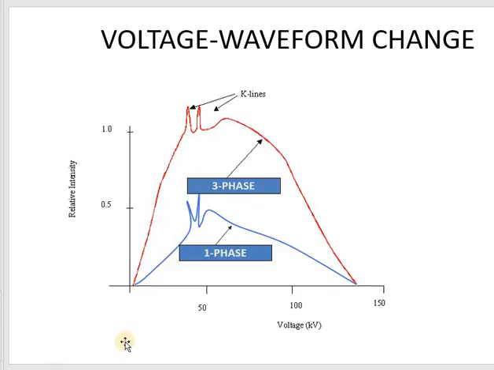We also had a look at the difference between single-phase power supply and three-phase power supply. Because of the steady power supply supplied by the three-phase, even better with three-phase with 6-pulse rectification or with 12-pulse rectification, the steady voltage waveform will produce a higher intensity of X-ray.